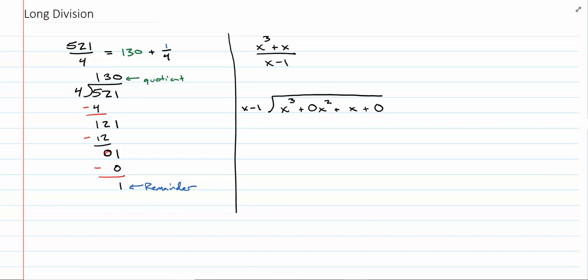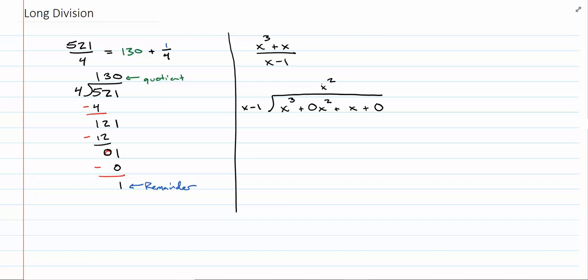Now it's a little bit different question you ask yourself here. We're going to look at the x cubed. What do I have to multiply x by to get x cubed? The answer would be x squared. So I put an x squared there. Now I take that x squared and multiply it times the x minus 1. x squared times x minus 1 gives x cubed minus x squared.